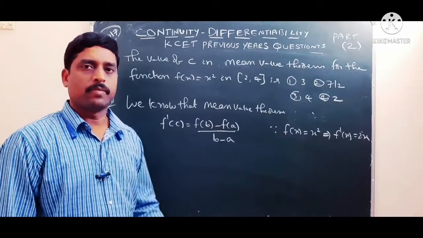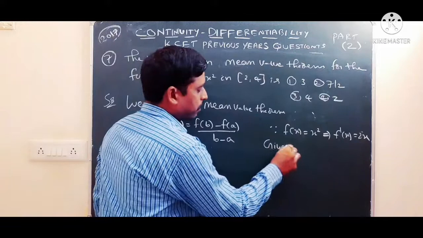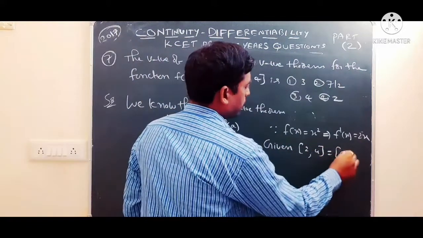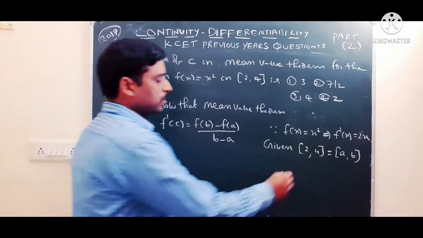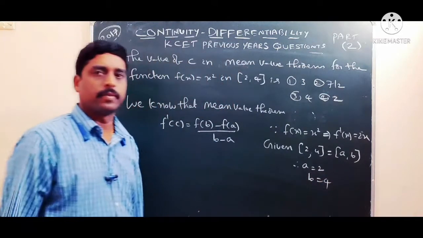But what is the given interval? 2, 4, the closed interval a and b. So comparing, a is equal to 2, b is equal to 4.